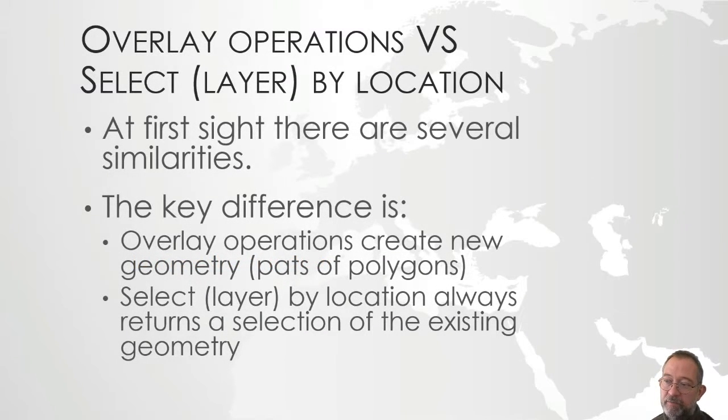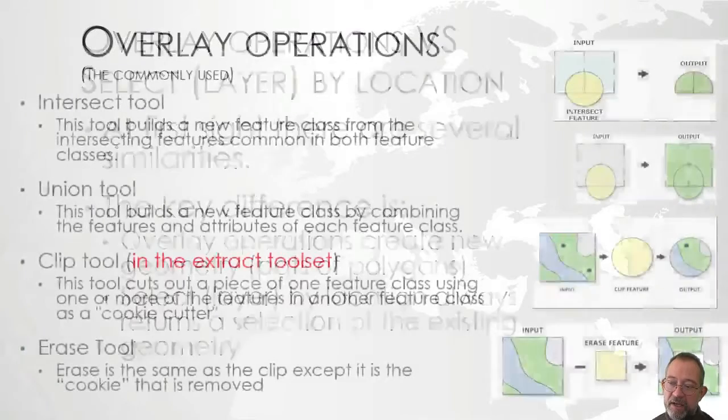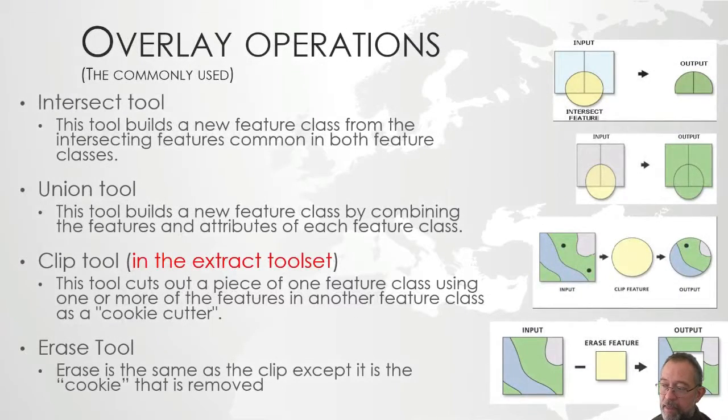You should also consider what is the difference between using select by location, as the tool is called select layer by location, and doing a clip. You could think of them as being very similar.